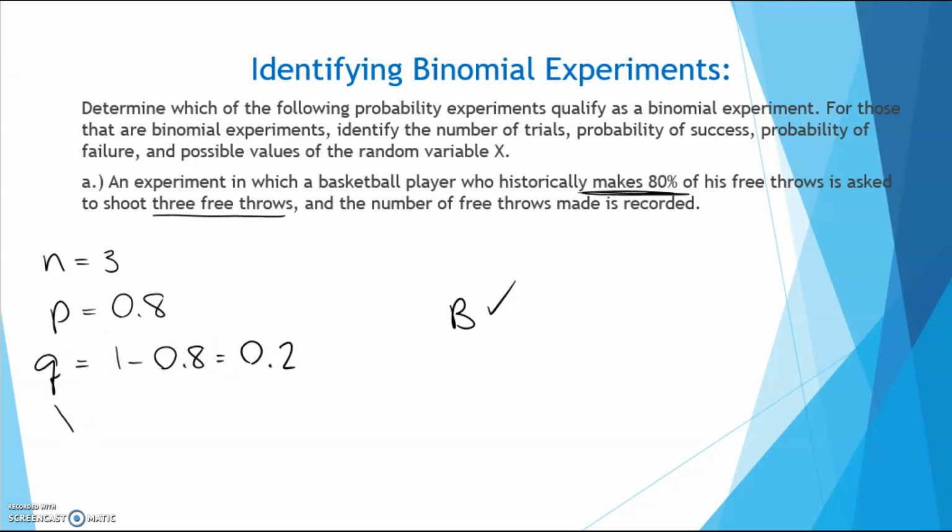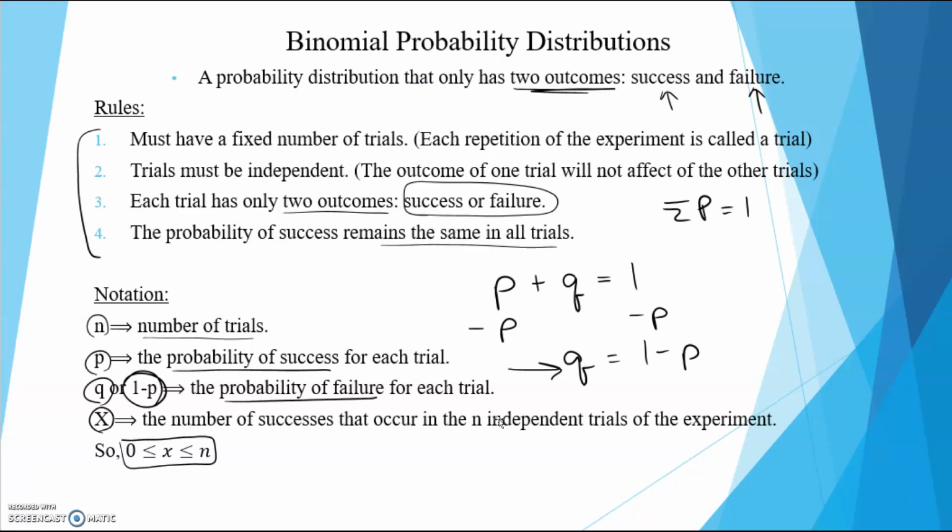And if we're going to find all the values for X, basically saying if you're going to shoot 3 times, how many times could you make it? Well, you could miss all of them. You could make only 1 of them, or 2 of them, or 3 of them. Or another way to write that is X between 0 and 3, just like they have it right here.